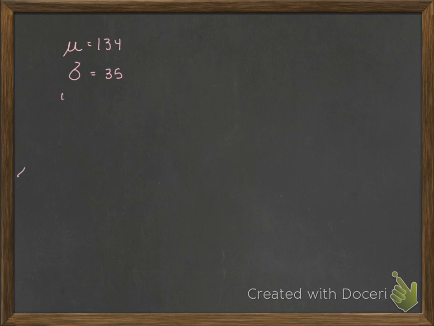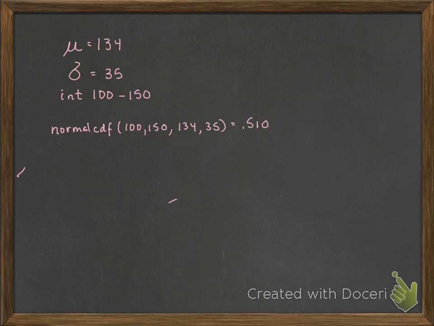Okay, so our interval is between 100 to 150. So when we enter in our normal CDF, it's our interval first from 100 to 150, the mean, and then the standard deviation. Again, very basic, easy stuff when you don't have to worry about doing it by hand. And that comes out to be 0.5105. There you go. Okay, now that is the end of 5.2.